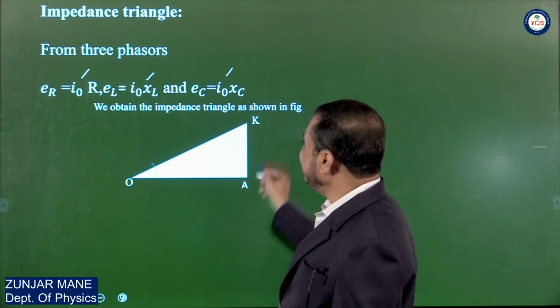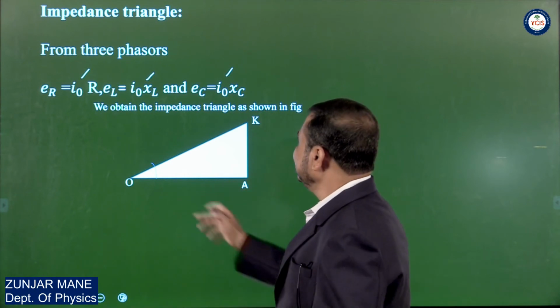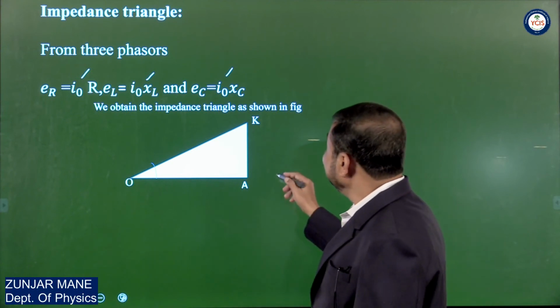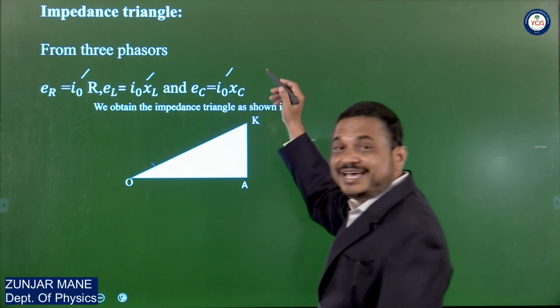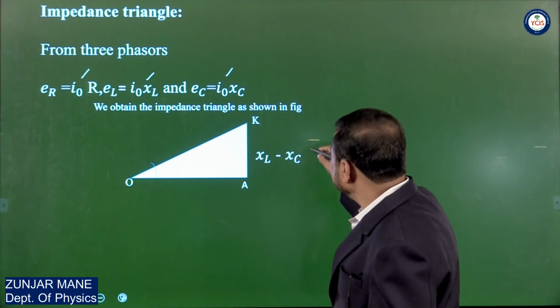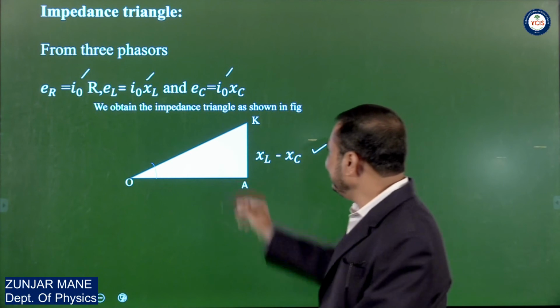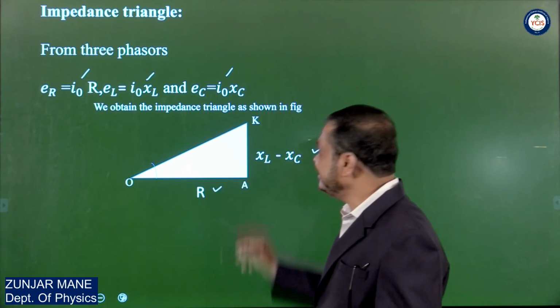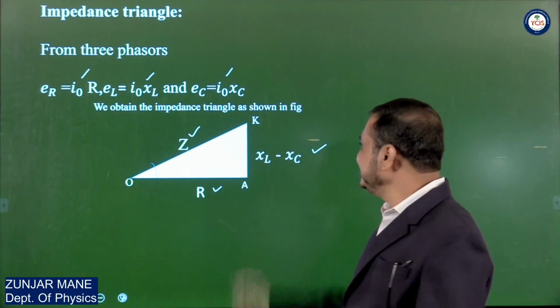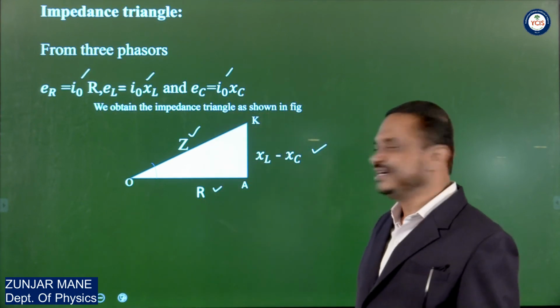Now if we draw a triangle, because ER is along the x-axis and EL minus EC is along the y-axis, AK represents XL minus XC, and OA represents R. Then its diagonal represents the impedance. This is called an impedance triangle.